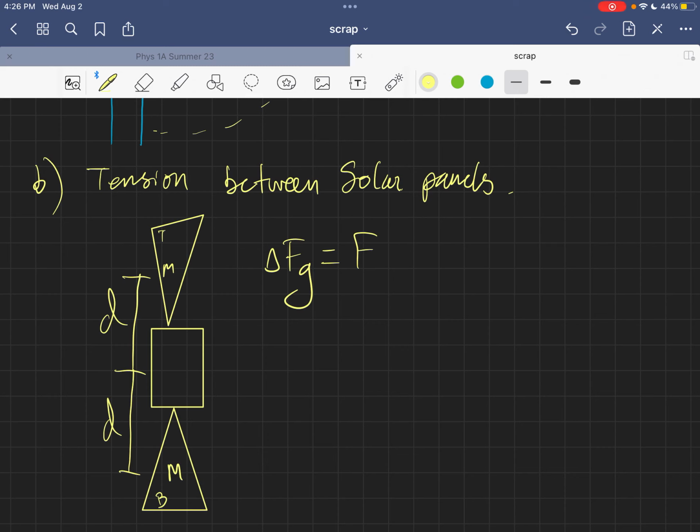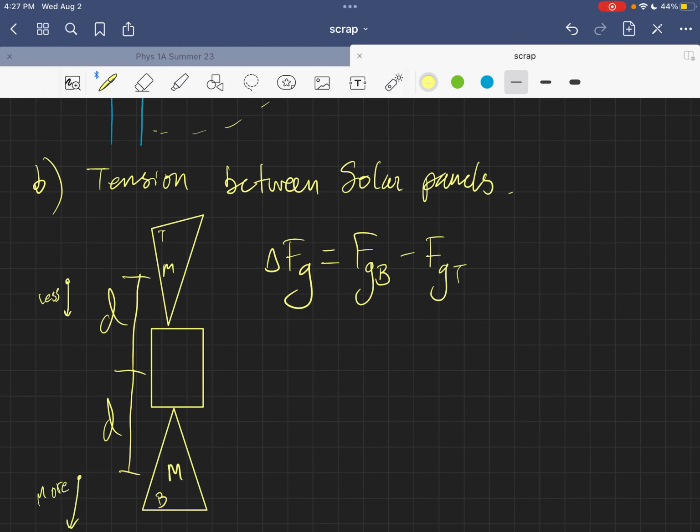So you can do Fg bottom minus Fg top. That's going to give you a positive number because the gravitational force up here is going to be less than the gravitational force down here.